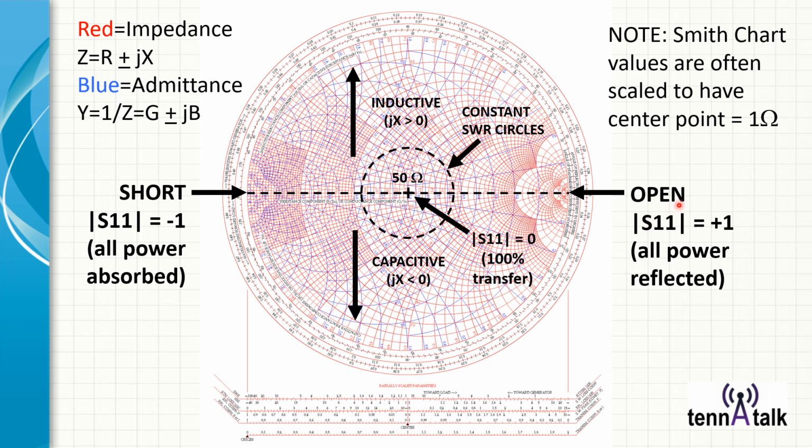Now, realize that sometimes in the original days when you used the actual physical paper chart of a Smith chart, you would very often normalize the Smith chart to 1 ohm at the center. So you divide everything by 50. You divide all of your R and JX values by 50, and then you'd navigate and plot them here.